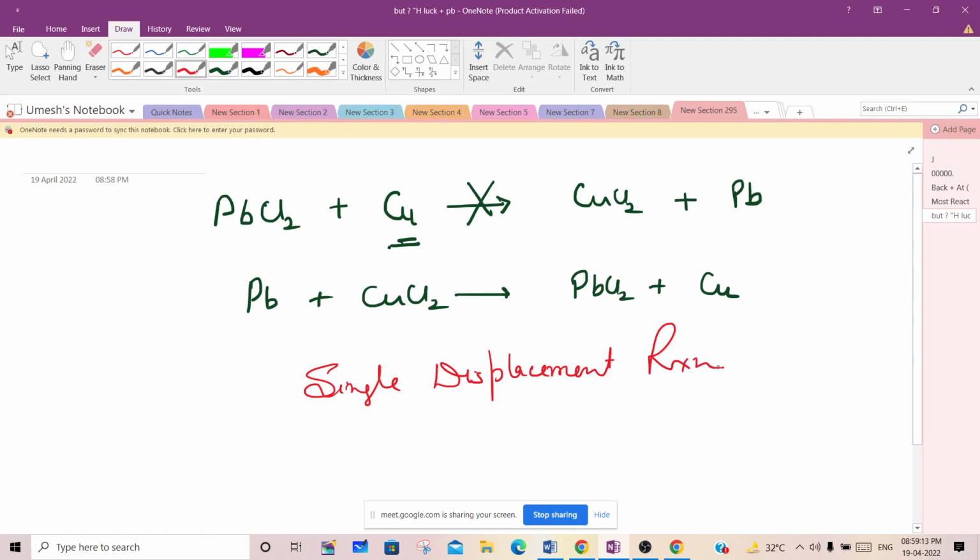A single, more reactive element is displacing the less reactive element. Understood?